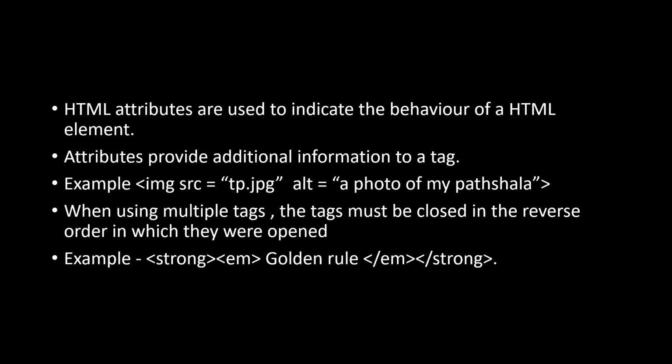It is indicating the source or location of that image. And this alt is also an attribute that is defining the text that the web browser will display if it is not able to show that image. So when using multiple tags, the tags must be closed in the reverse order in which they were opened.